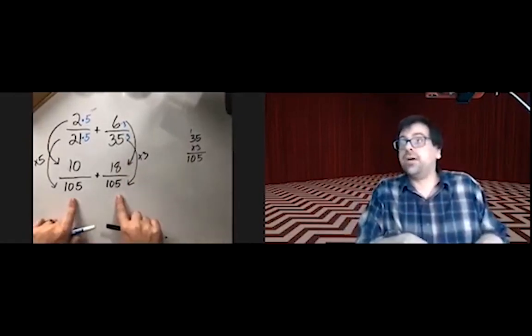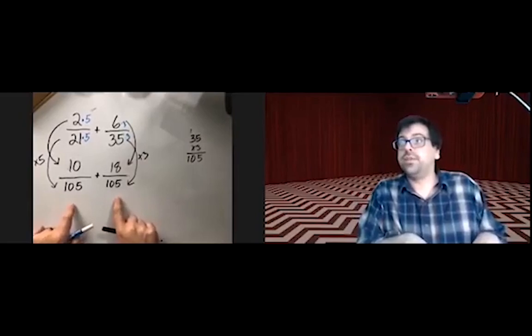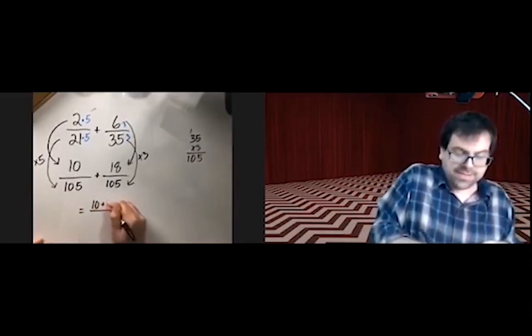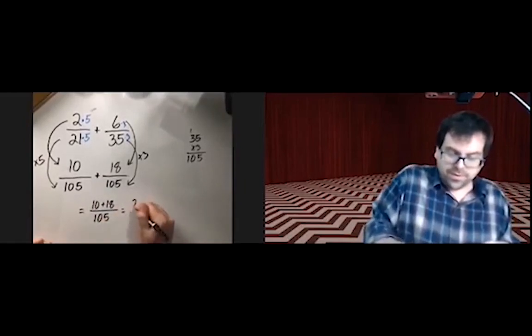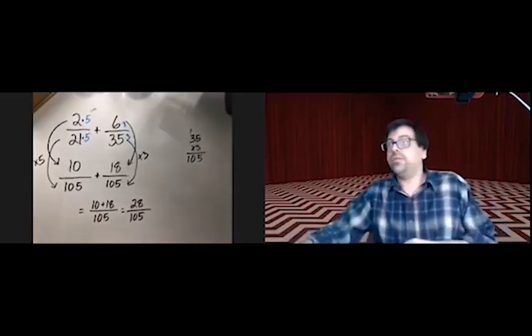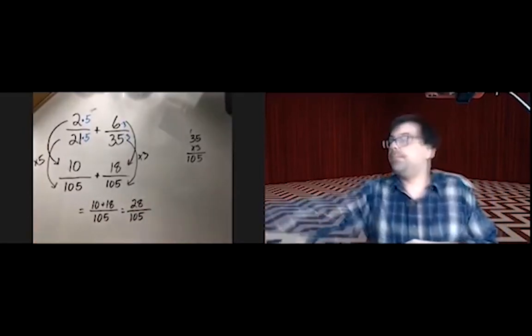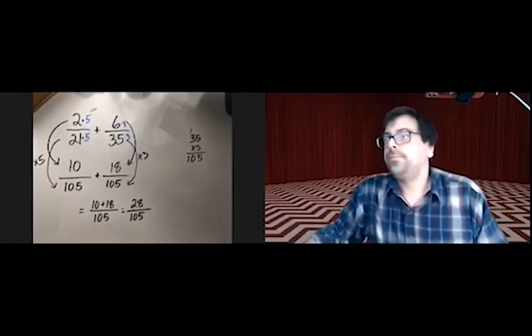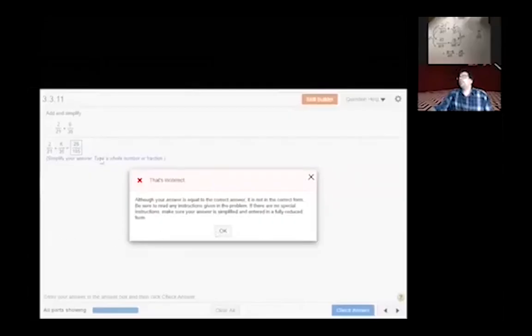We have what we need now, 2 fractions with the same number on the bottom. So this is 10 plus 18 over 105, which is 28 over 105. Now, if you put in 28 over 105, you get that's incorrect.